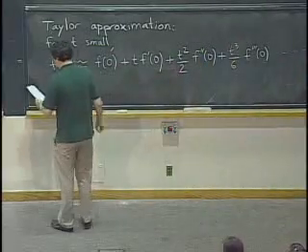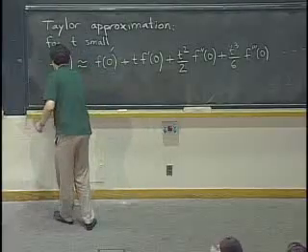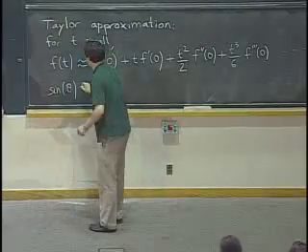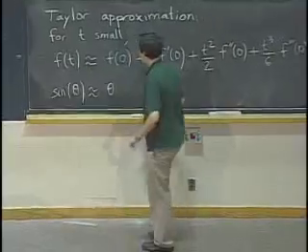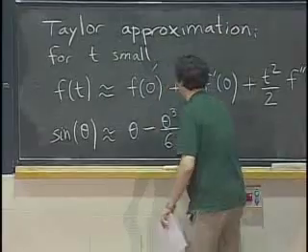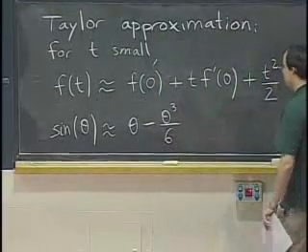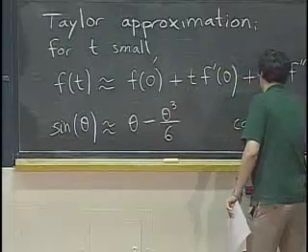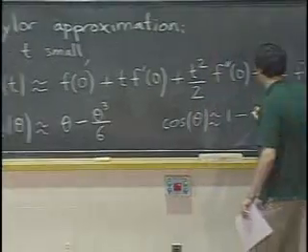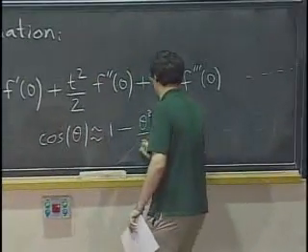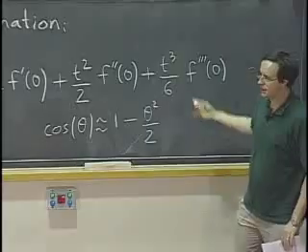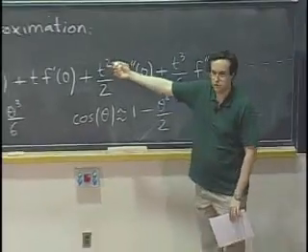So if you use this here, it tells you that sine of a small angle theta looks like theta, but if we want to be more precise, then we should add minus theta cubed over 6. And cosine of theta, well, it's not quite 1. It's close to 1 minus theta squared over 2.